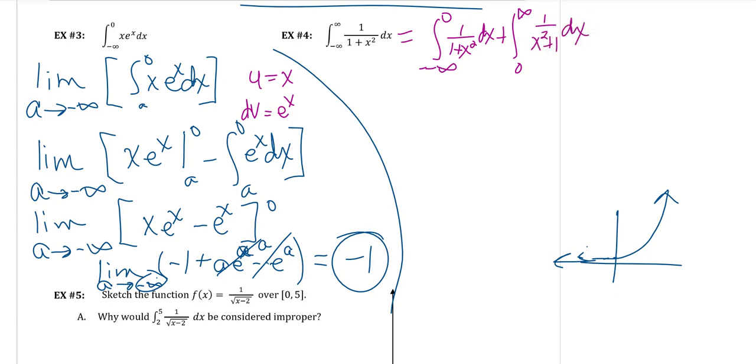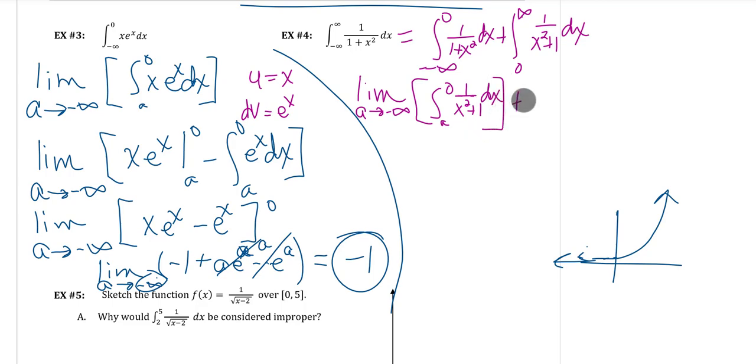And then I'm going to have to set up two limits. So I'm going to take the limit as a approaches negative infinity of the integral from a to 0 of 1 over x squared plus 1 dx.